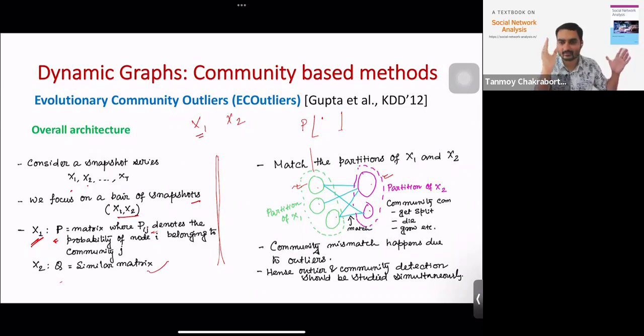Then let's look at X2. You see this community, which can be a result of merging of two communities at the previous timestamp, or splitting of a community into multiple communities, or a new community has completely emerged altogether.